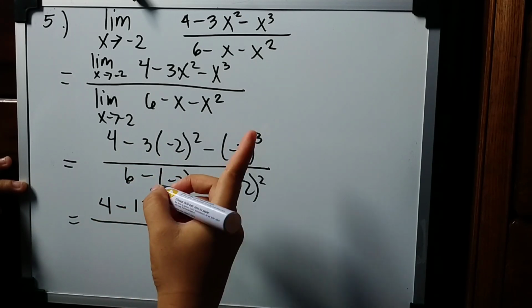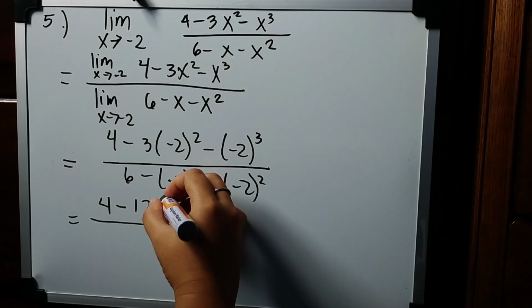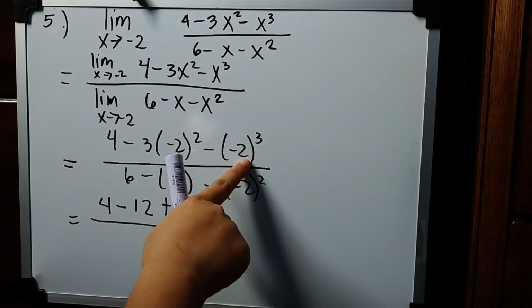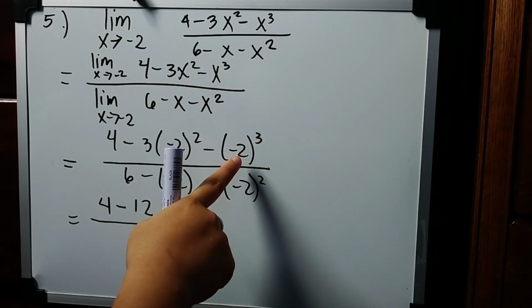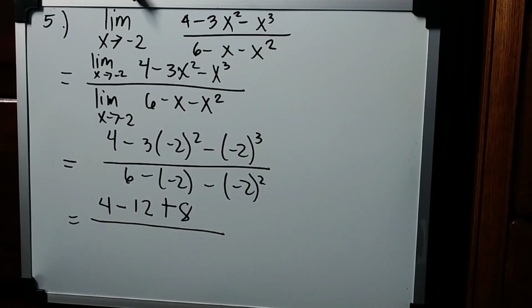Minus 12, we have plus 8, as the answer of negative 2 raised to the cube is negative 8, then we have it negative, then it becomes positive.